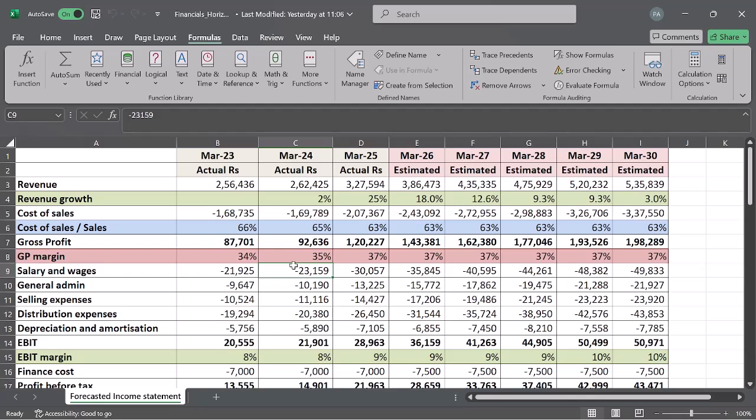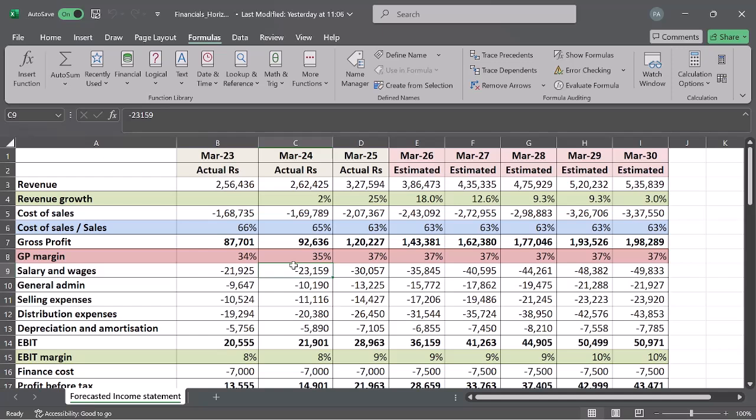So then we talk about the expenses. So have you brought your laptop? Then we have the other expenses, like salary and wages, general admin, selling expenses, distribution expenses, depreciation. I have assumed a certain number and it has been growing.